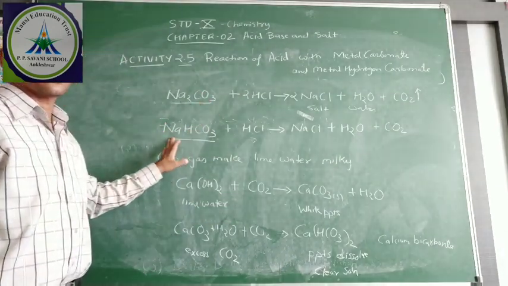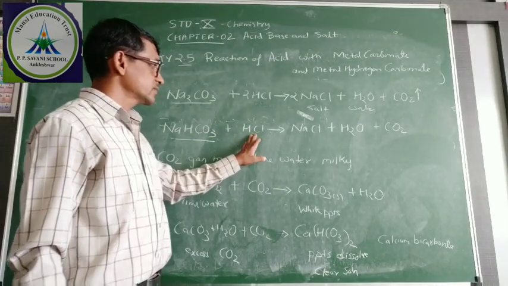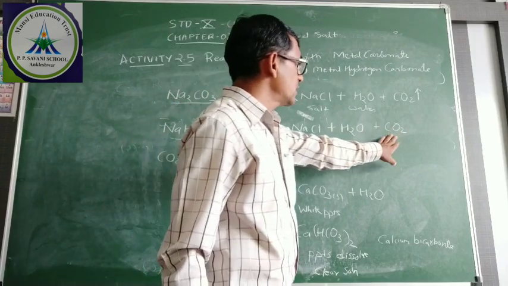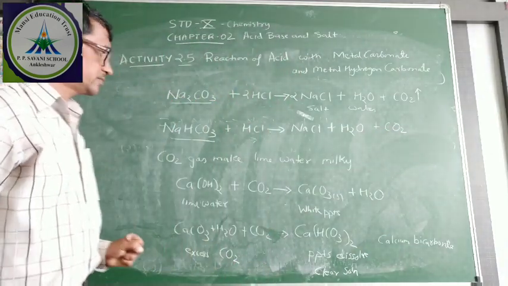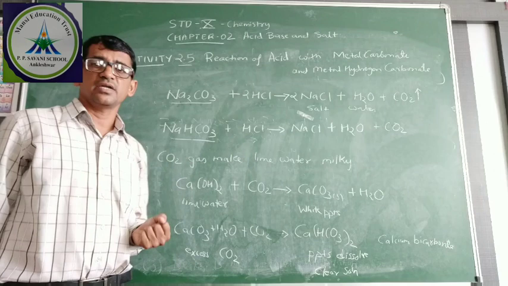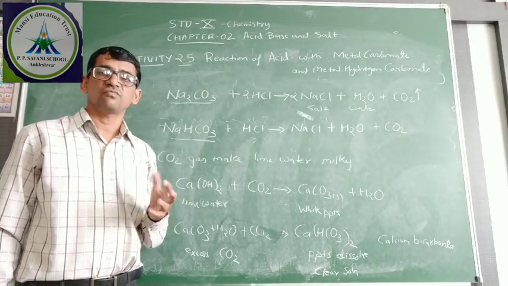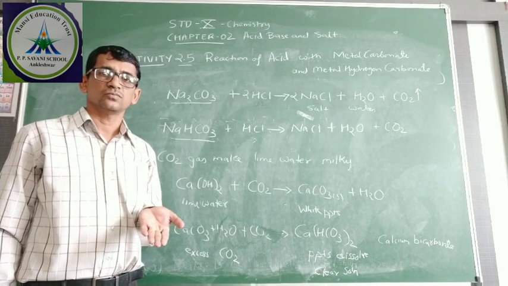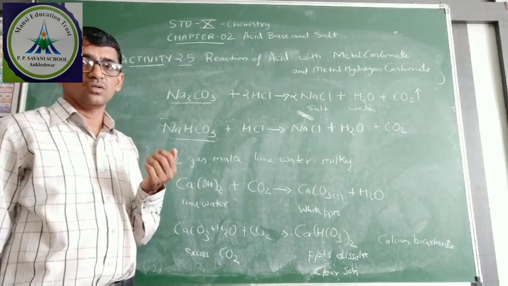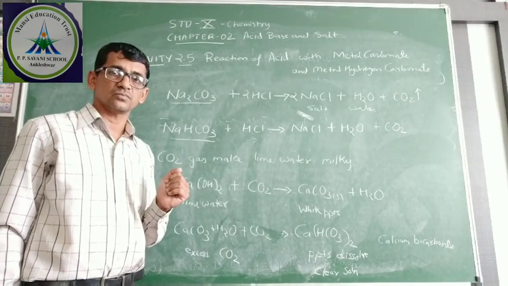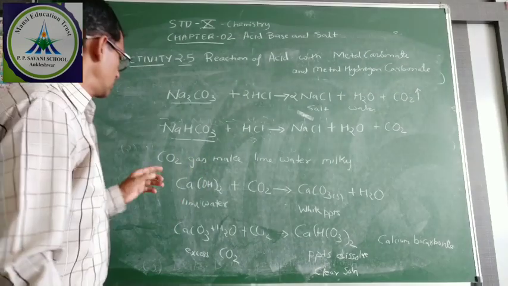Similarly, bicarbonate when treated with acid is converted to NaCl, salt, plus water plus carbon dioxide gas. If carbon dioxide gas is evolved, then fire is extinguished. So when carbon dioxide gas is evolved, the flame of fire will disappear. We check it by practice.